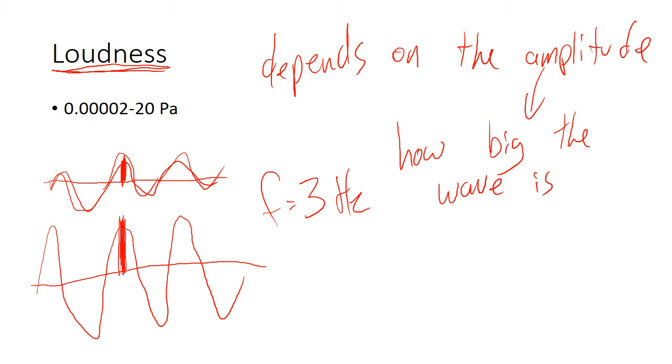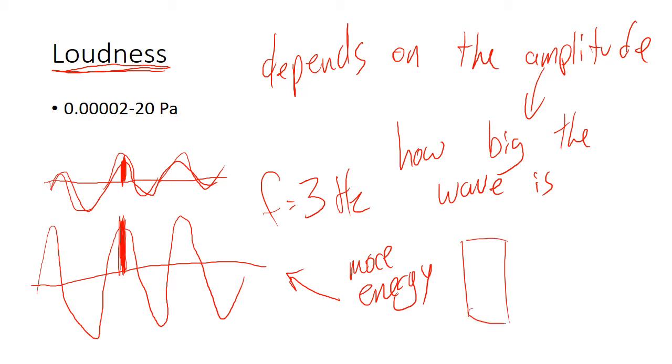Now, this wave here is going to have more energy, right? Think about your drum, right? If you have the drum bend back further, it's going to have more energy. It's going to make a louder sound. Now, these are the same pitch, but one is louder than the other. Okay, this one is louder because it has more energy to it.